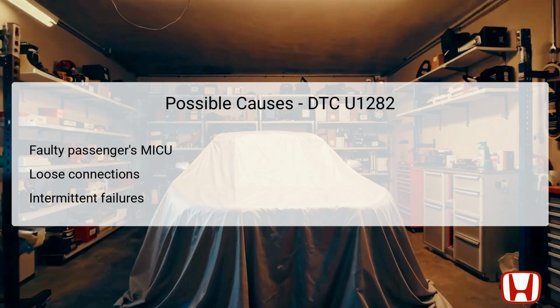One of the most prominent is a faulty passenger's multi-information control unit, MICU, which may not be able to send or receive signals effectively. This could require replacing the unit to restore communication. Loose connections are another potential culprit.